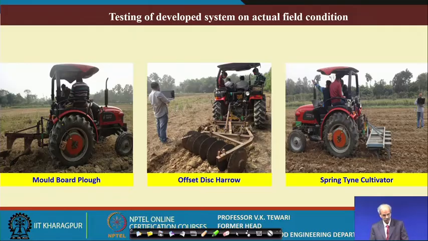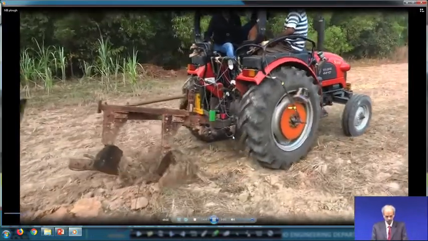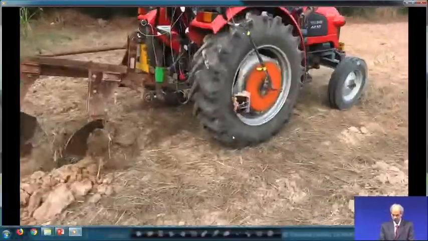So, here let me show you what we have tested in the actual field condition. One by one you can have a look at this, and then we will be in a position to see how we have got these. You can see and appreciate the whole instrumented tractor.